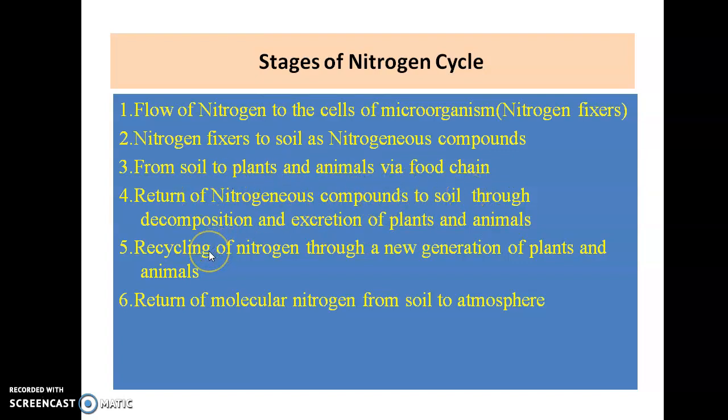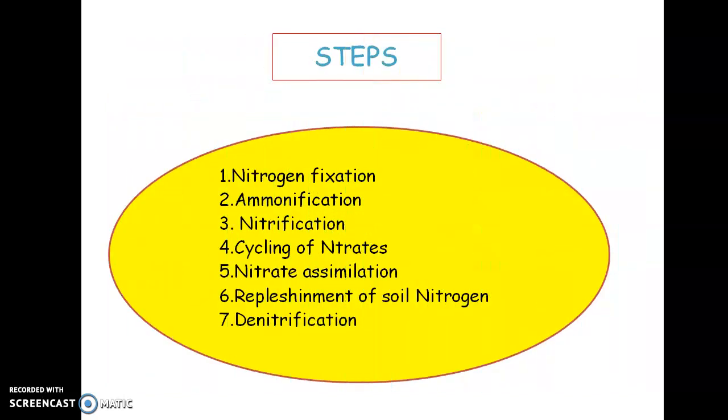Then in the fifth stage, there is a recycling of this nitrogen into a new generation of plants and animals. If there is another generation of plants and animals, there occurs a recycling of this nitrogen, and finally all these nitrogenous compounds are returned back into the atmosphere as molecular nitrogen from the soil. So these are the 6 major stages which occur in a nitrogen cycle.